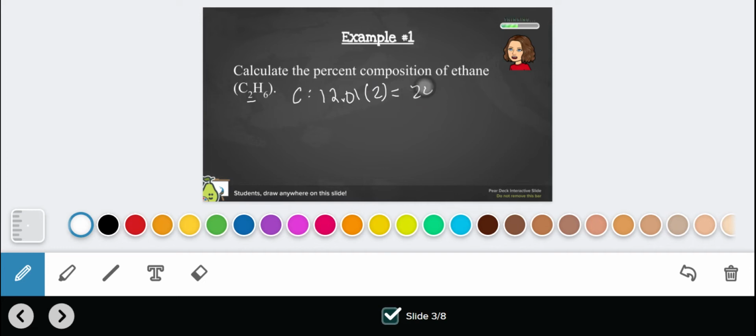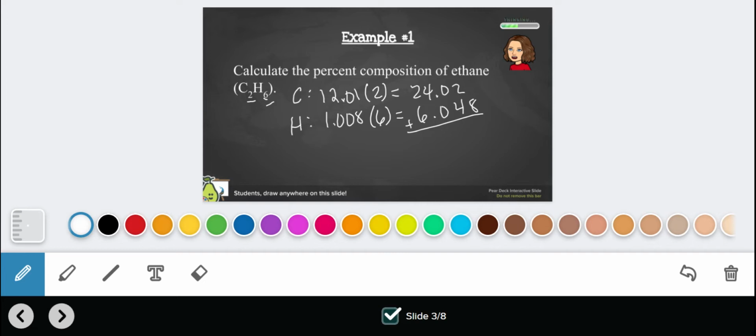And that is 24.02. And then for our hydrogen, that has a mass of 1.008, there are 6 of those, so we have to multiply that by 6. And so we get 6.048. Great. So then to get the total mass, we would add that all together.